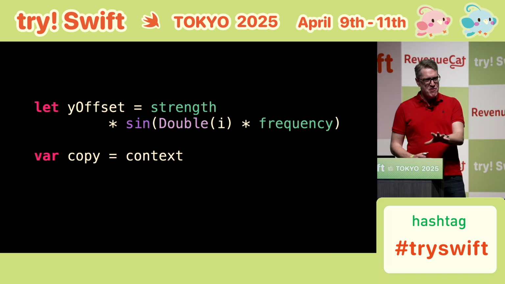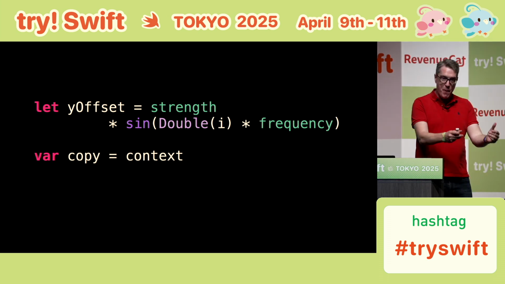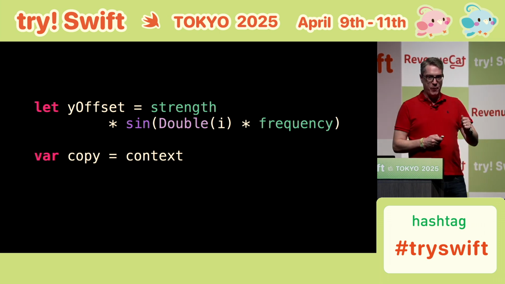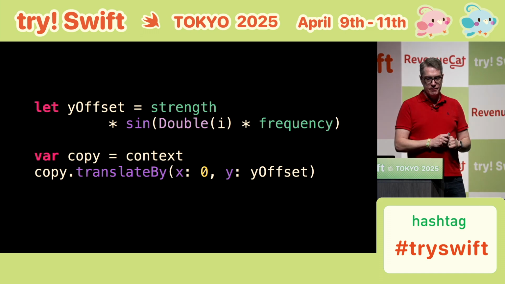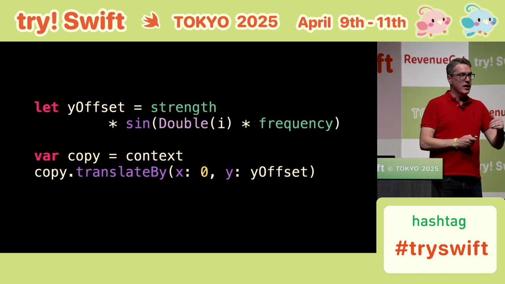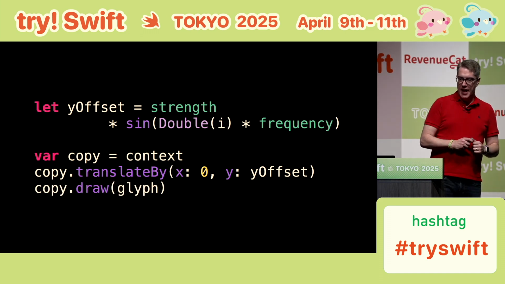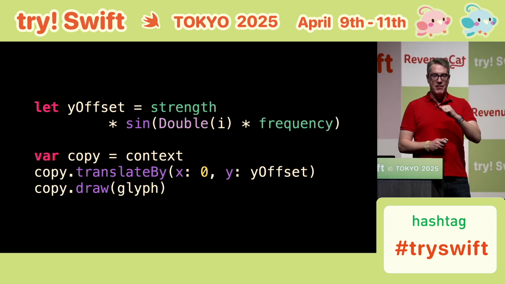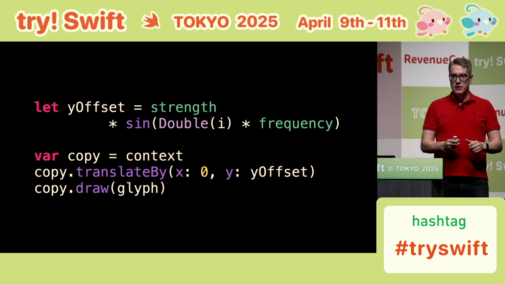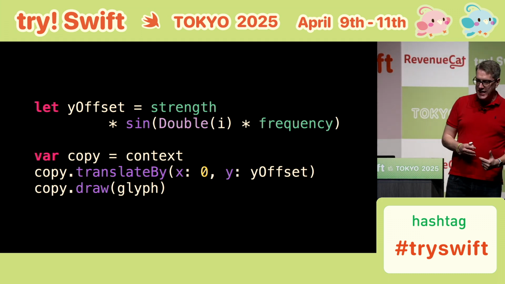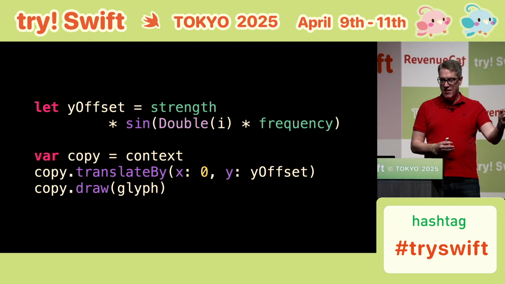And we don't want every letter to move by the same amount, just this one. So we get a copy of it, so we can modify only the copy. We can then move drawing just for the copy, and then draw the current glyph at that new offset. So SwiftUI's graphics context is a value type, so we can make changes to copies without affecting the rest of our drawing.